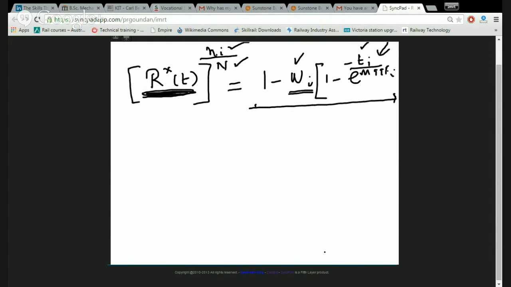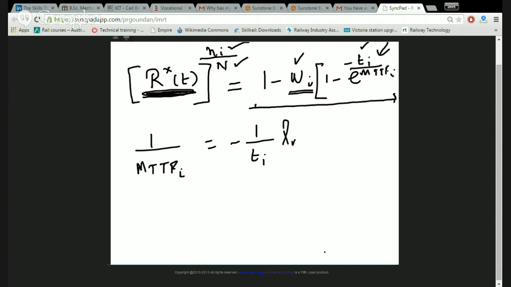From this I can get MTTF. So you take logarithm on either side and do all those things, you will get, you can verify this, 1 by MTTF of the ith subsystem will be equal to minus 1 by Ti natural logarithm of, why natural logarithm?